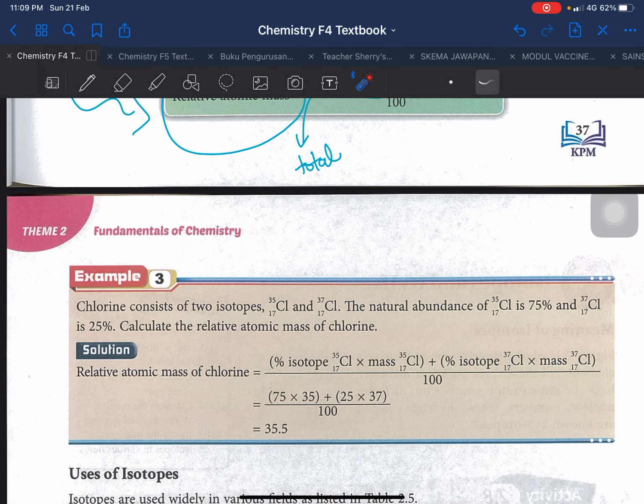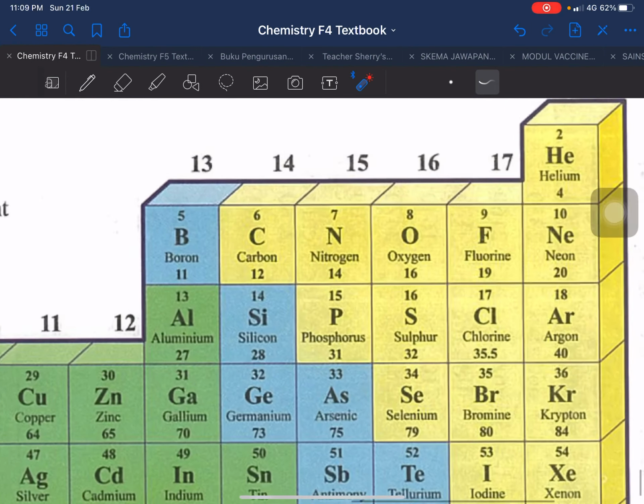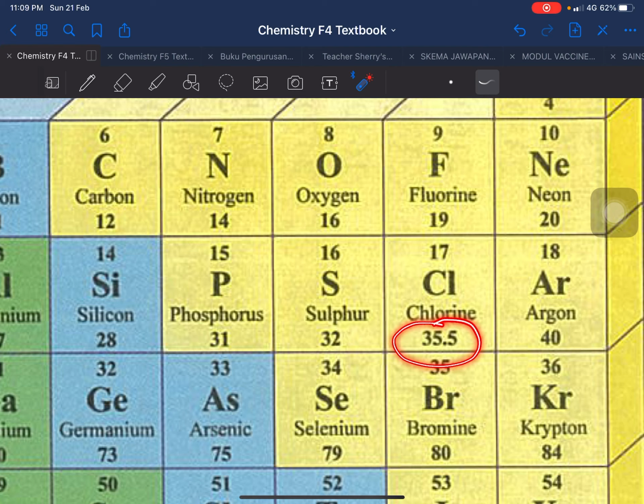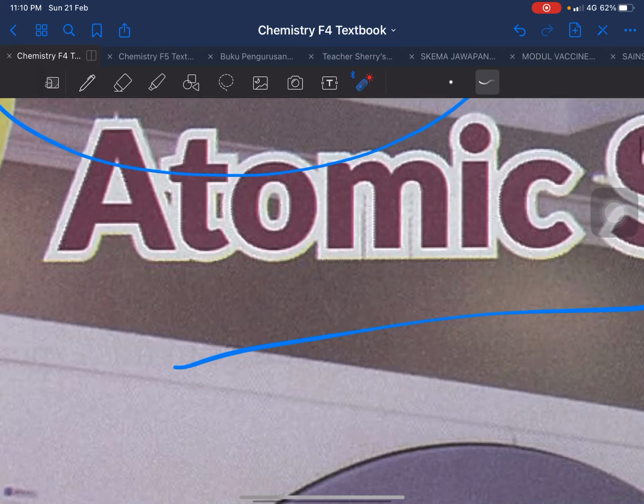RAM of chlorine. If we look in the periodic table of elements earlier, this is the RAM of chlorine. It's 35.5. How to count this until we get 35.5? Okay, let us look at the formula again.